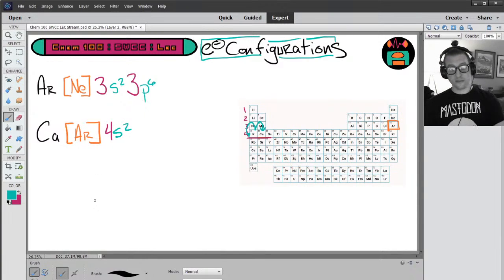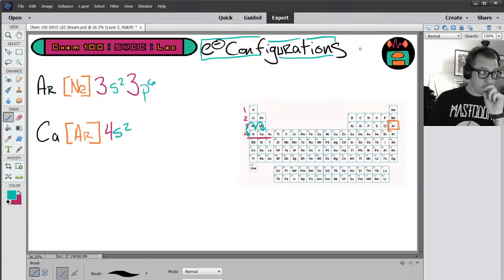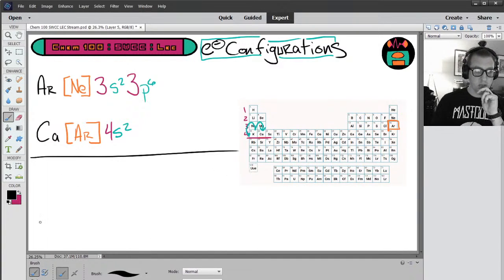Now, I want to remind us of something very subtle that happened that you may not have noticed, which is also totally fine, and that's why I'm pointing this out. Remember when we wrote out the different shells? On the first shell, there's one s orbital.